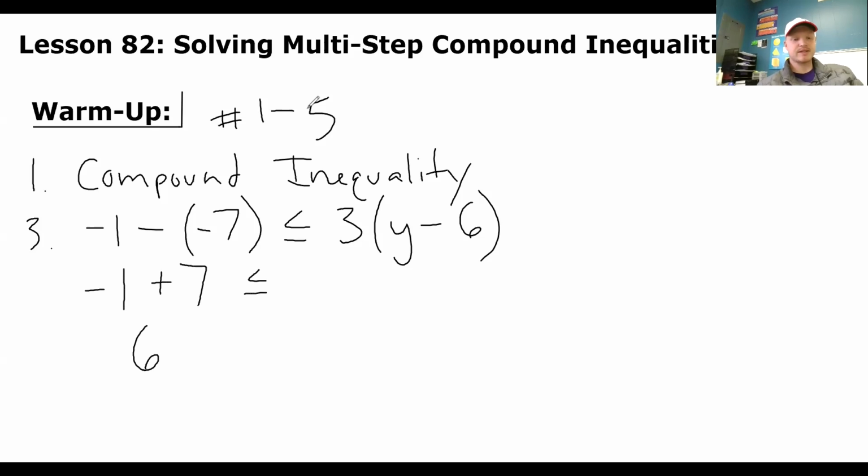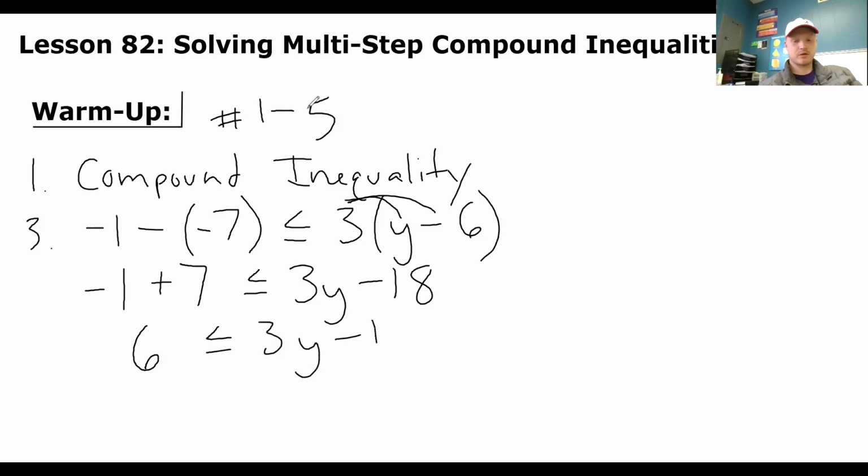Before I get too ahead of myself, 1 plus 7 is less than or equal to 3 times y, 3y, and then 3 times negative 6, we got negative 18. So we have 6 is less than or equal to 3y minus 18.